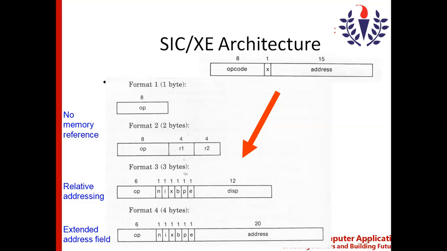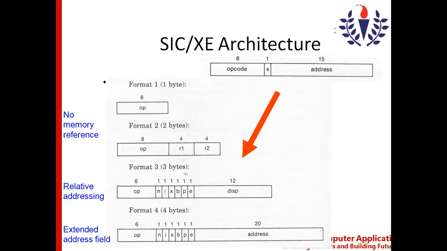So in SIC/XE, we have 4 different formats: format 1, format 2, format 3, and format 4. Format 1 has only an opcode, that is an 8-bit opcode. It is nothing but a 1 byte format.